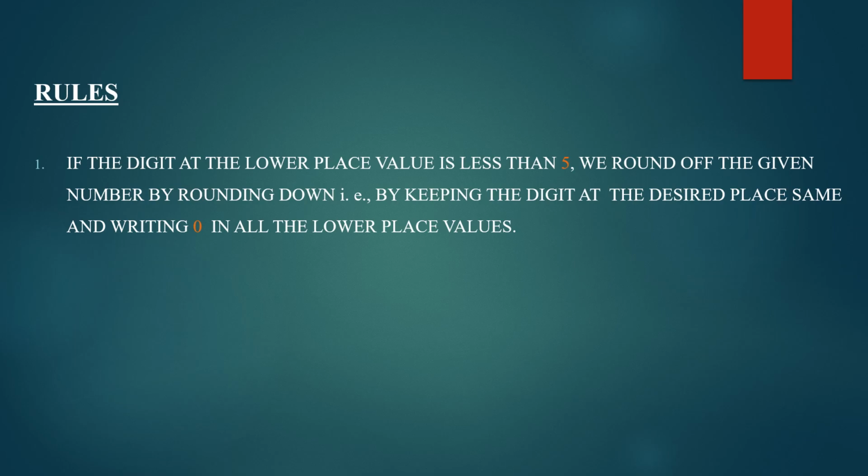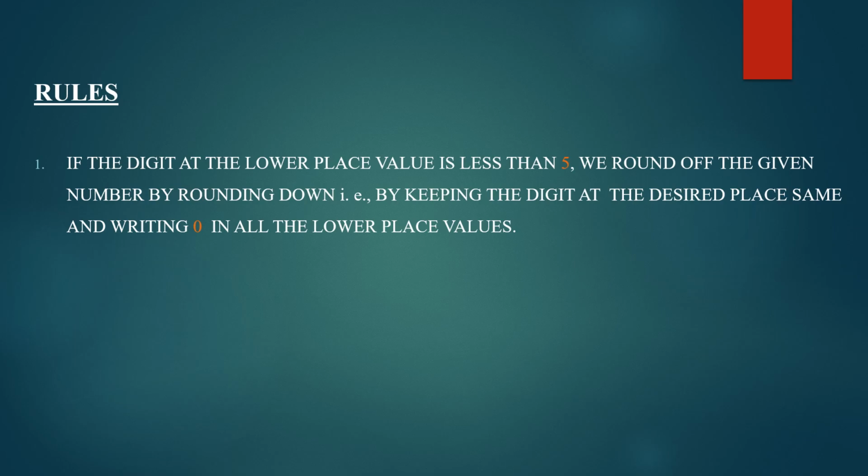When we are going to round off a number, we have to fix a desired place value. Let's say we fix the tens place, so we are going to round the number to the nearest 10. The next place value is the ones place. We take the digit that has come there and compare it with 5.